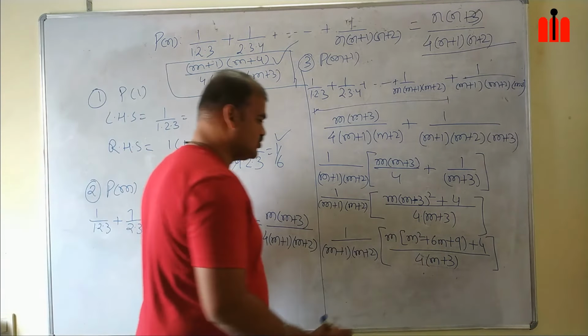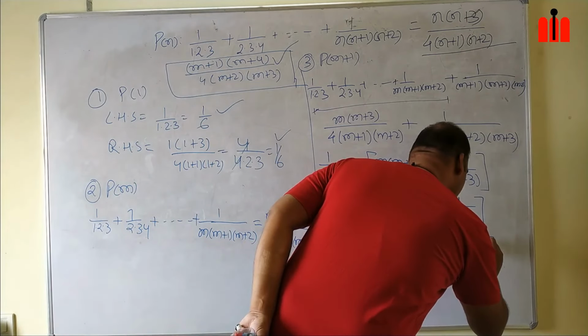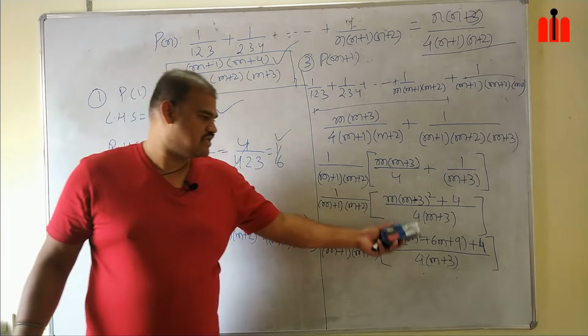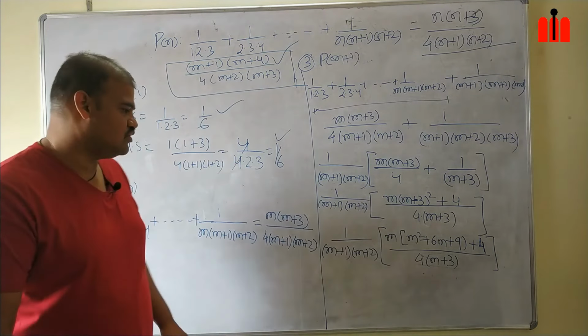What I have done is expand m plus 3 whole square using the a plus b whole square formula.